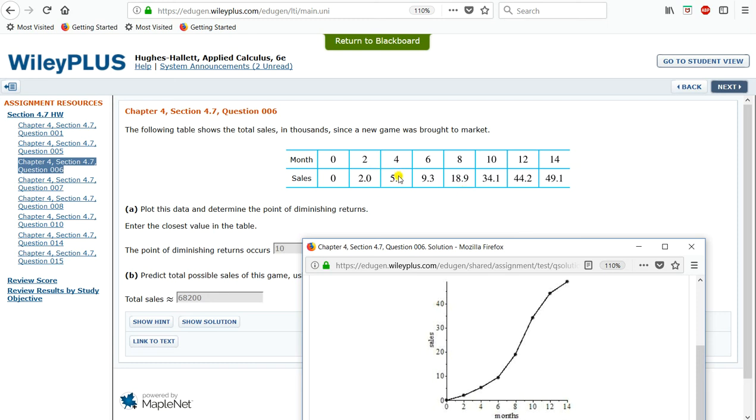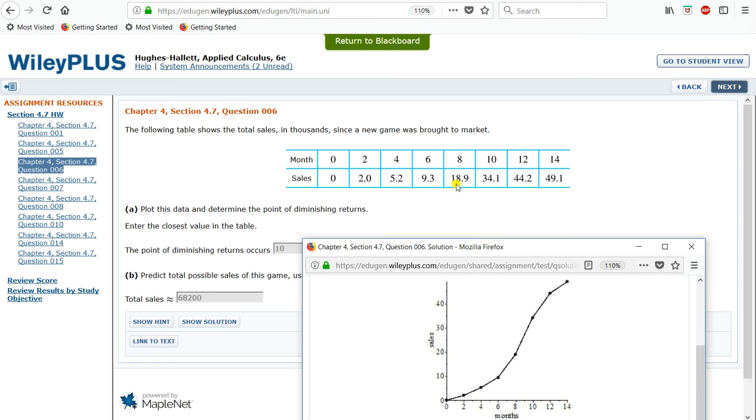If you look back here, from 2 to 5.2, you are increasing by 3.2. And then from 5.2 to 9.3, you subtract 9.3 minus 5.2 and get 4.1. So you go 3.2 and then 4.1, and 18.9 minus 9.3 is 9.6.